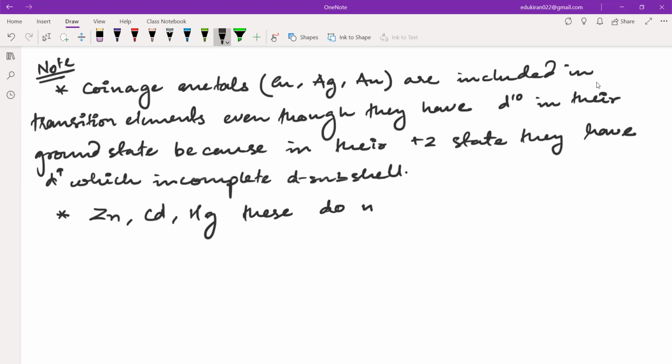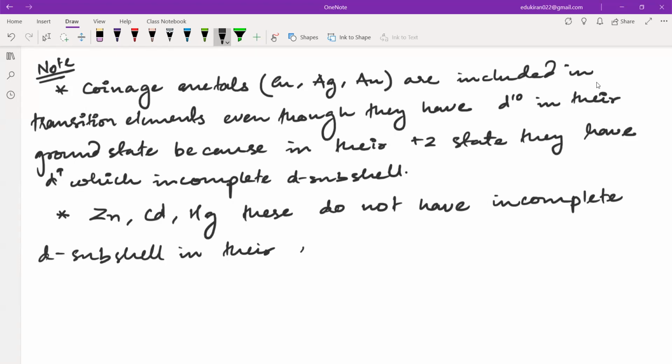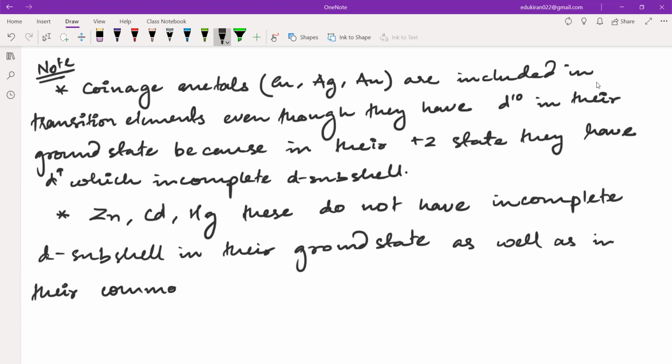These do not have incomplete D subshells in their ground state as well as in their common oxidation state.